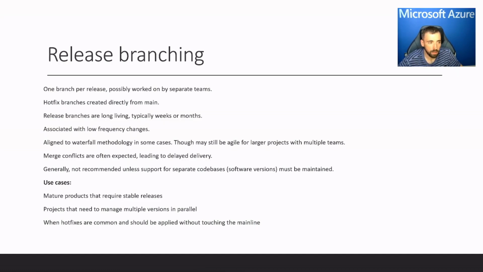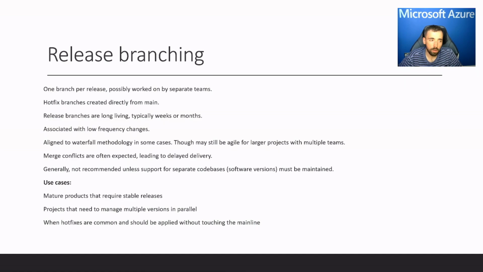Generally not recommended unless you require the support for separate code bases, software versions, that must be maintained on an ongoing basis. Merge conflicts are often expected with this release branching strategy as well, when we've got separate developers and potentially even separate teams working on different versions or different parts of the application.